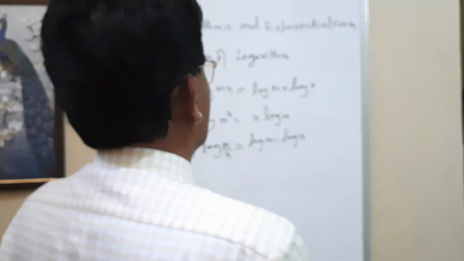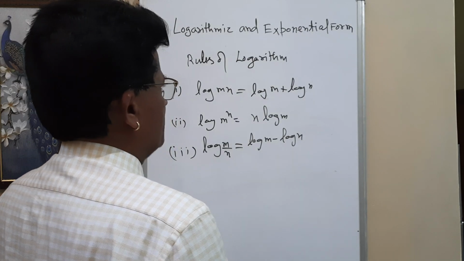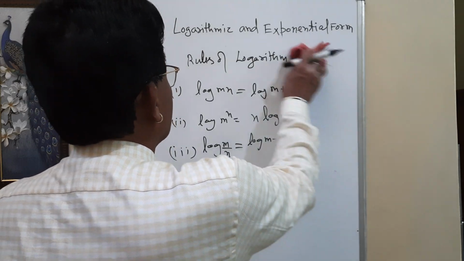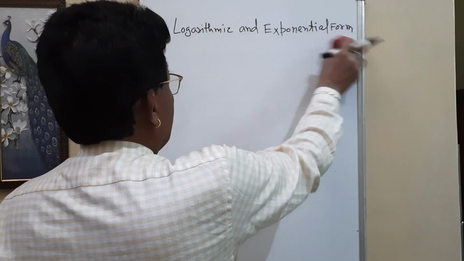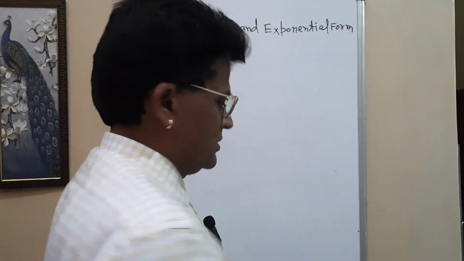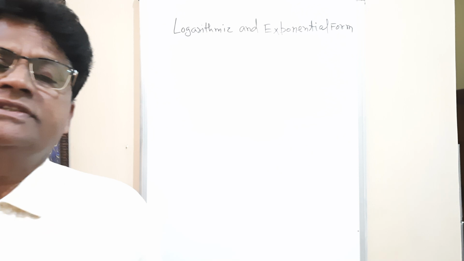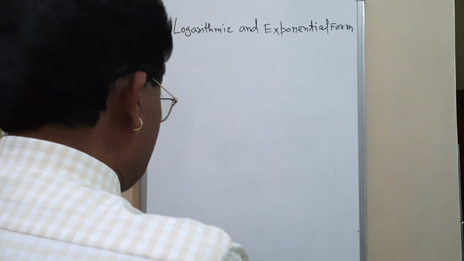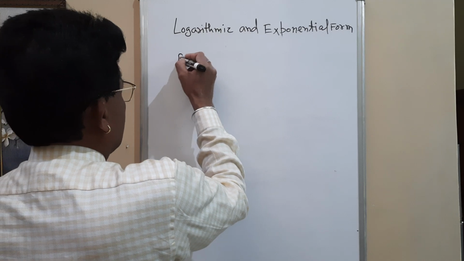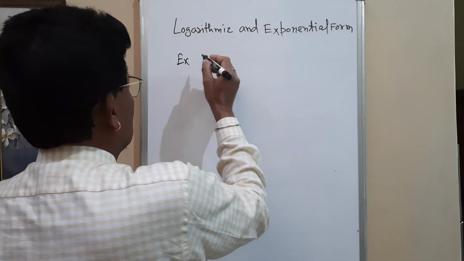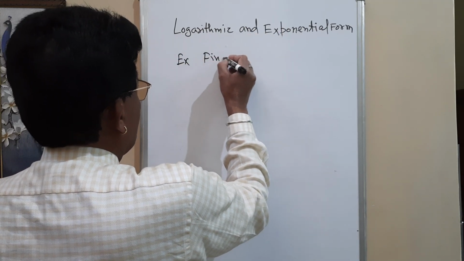Let me take some more questions related to this. After these rules, let me take how to find the log, and I will tell you where the student commits mistakes. Let me take one example. Suppose find the logarithm. Whatever example you want, you can take. Find the logarithm of a number.